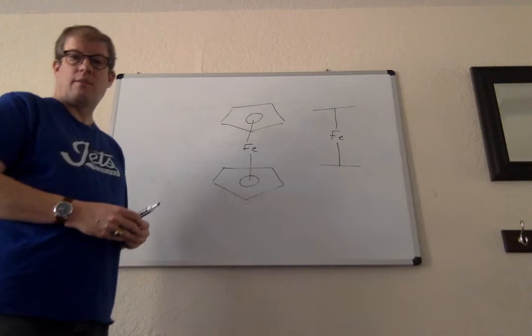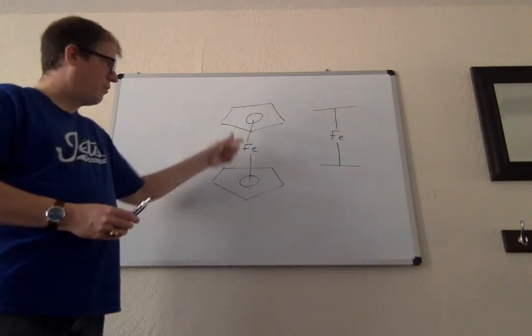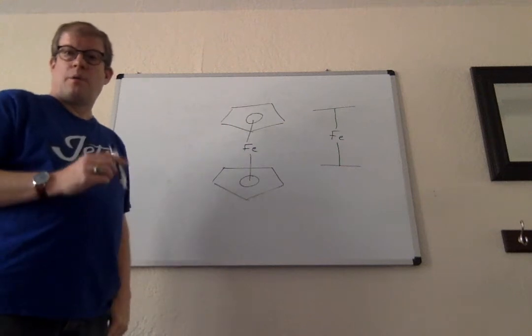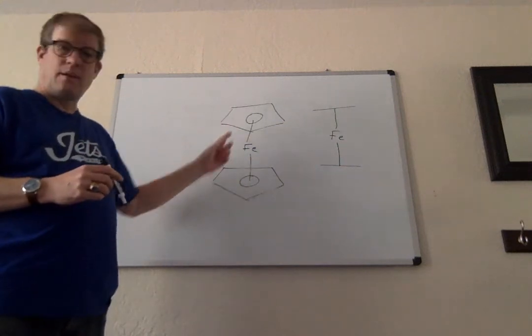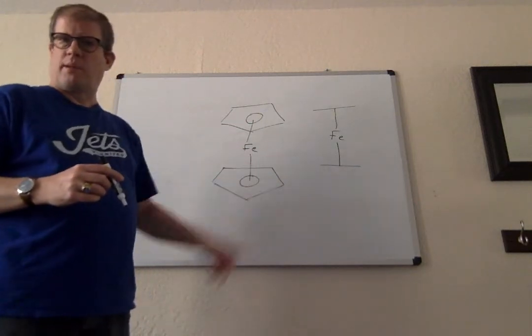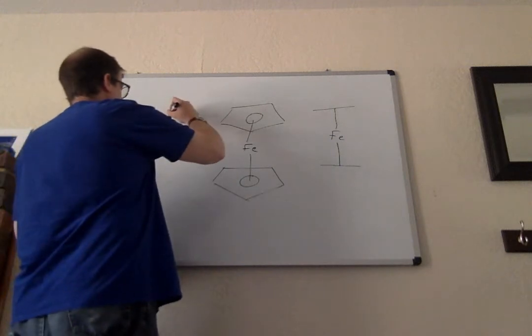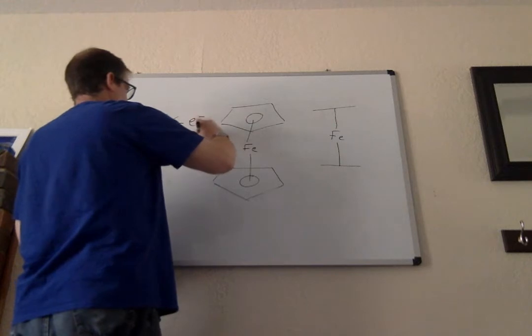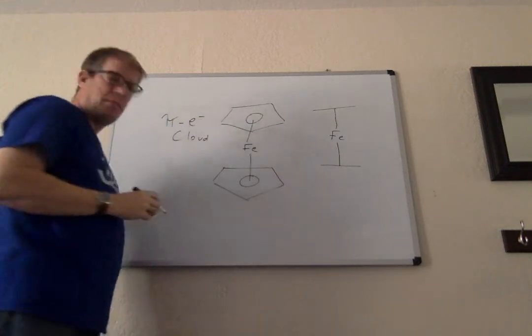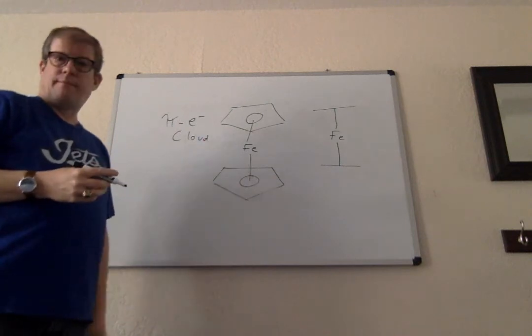We have only 6. And so, these are coordinated to the iron through the pi electron cloud of the ferrocene. That's why they sit like this and aren't sigma attached like the first structure we had up there before. And so it's the pi electron cloud of the ligand that attaches to the metal.